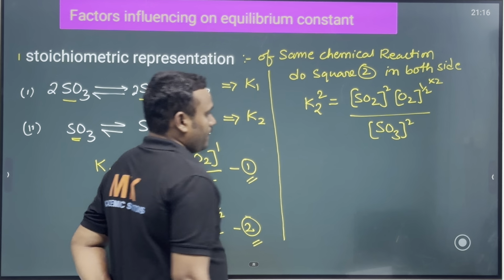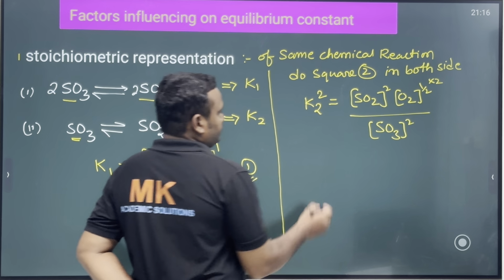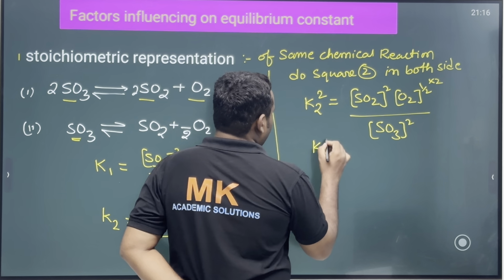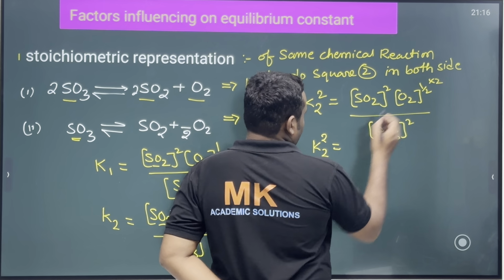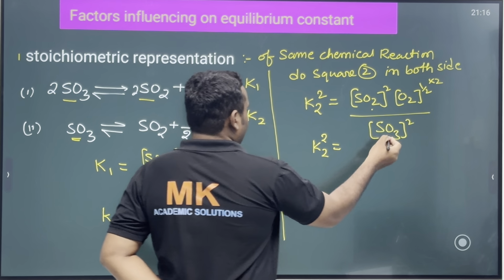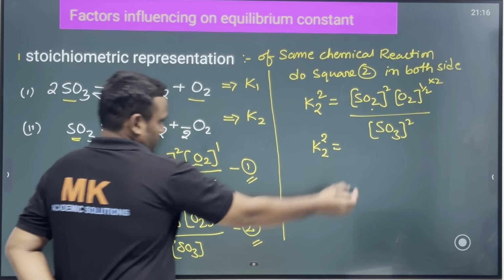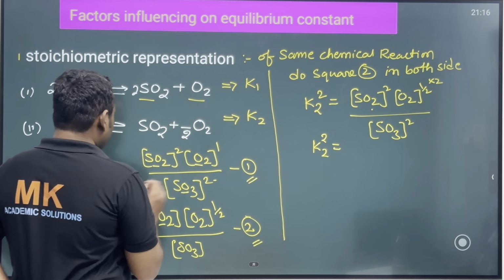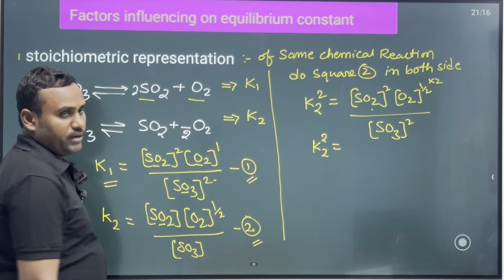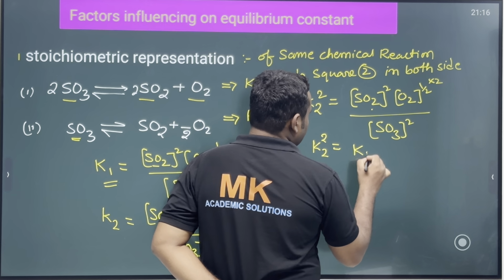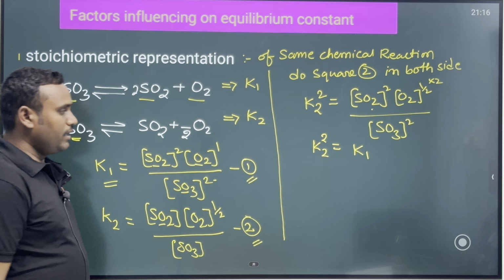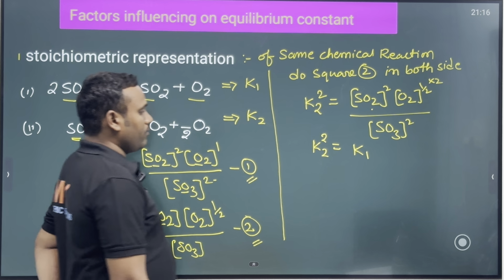Therefore K2 square is equal to, when you observe this term very carefully, this total value is nothing but K1. Therefore K2 square is equal to K1.